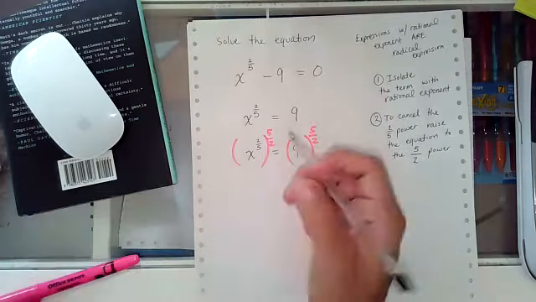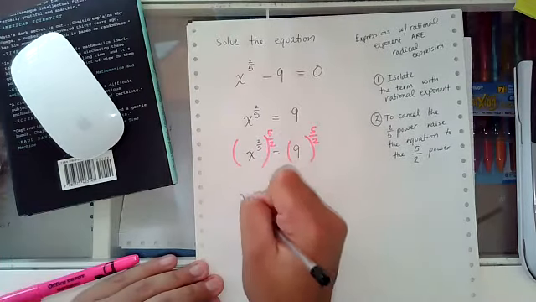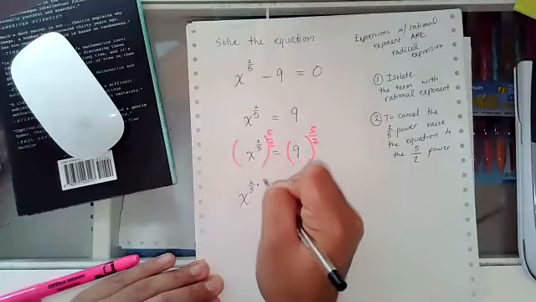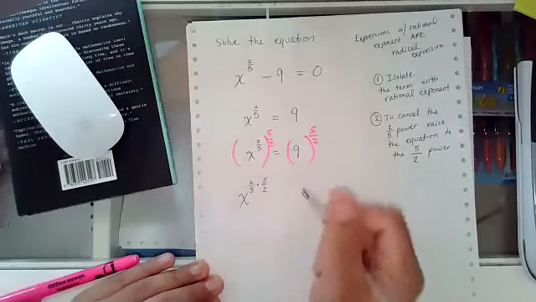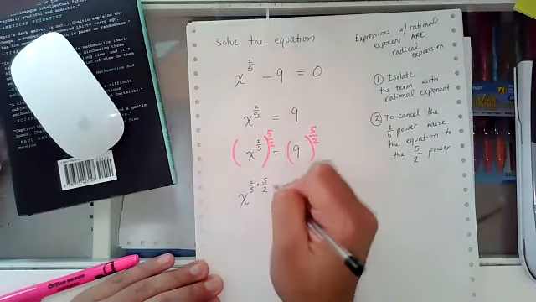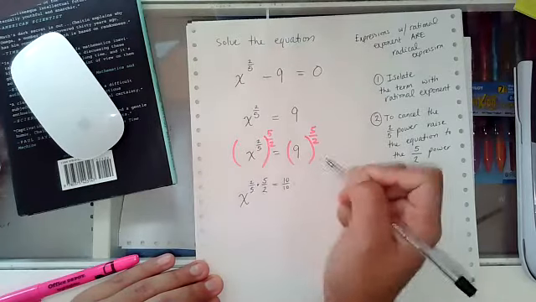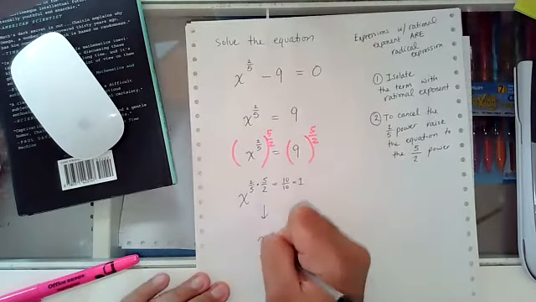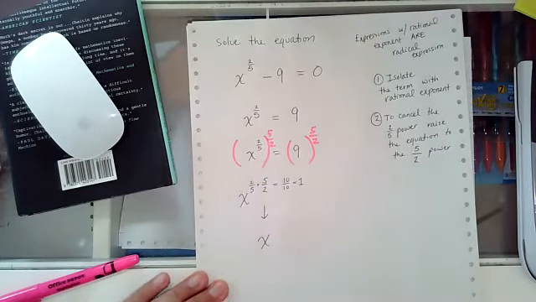And when you multiply a power times a power, you get to multiply those powers. So 2/5 times 5 over 2 would be 10 over 10, which is just 1. So we can say that that cancels out to just x to the 1 power.